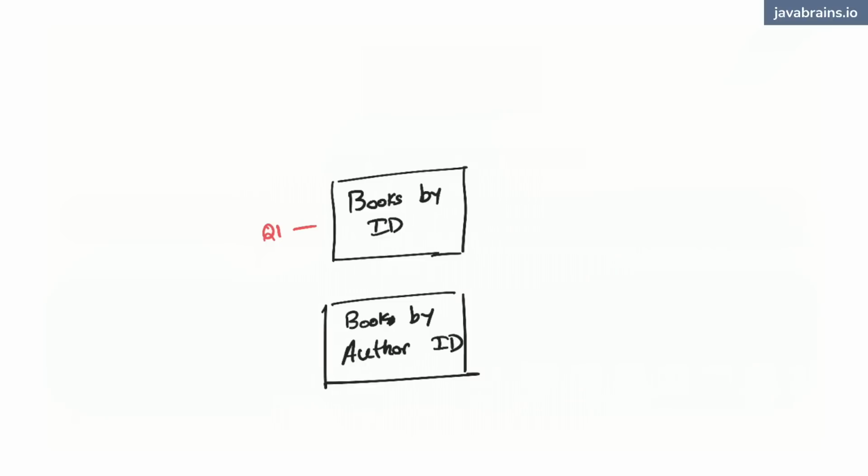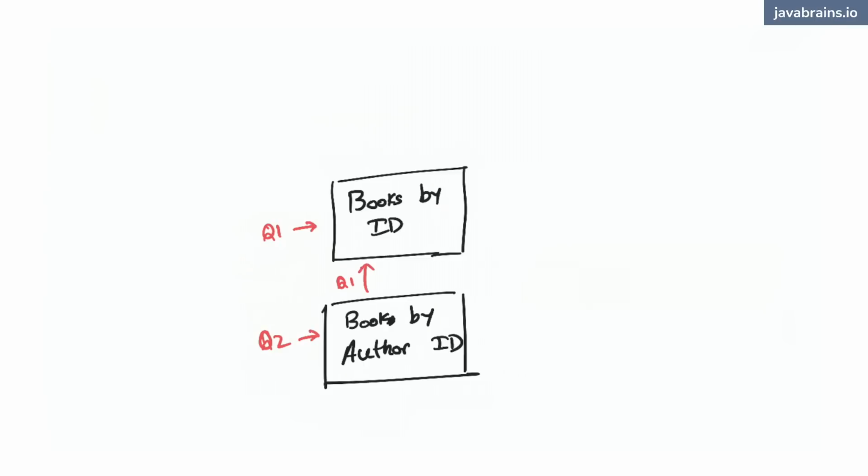So I'm going to call this Q2. Now from here, the user can click on one of those books and go to the details of that book, which is basically this query over here, which is Q1.